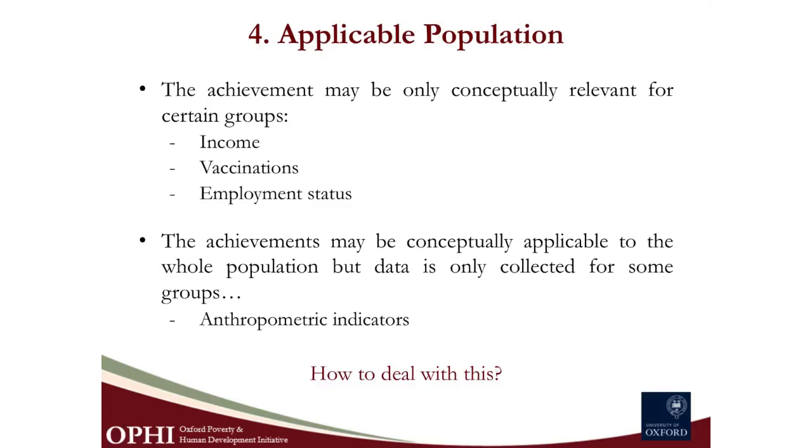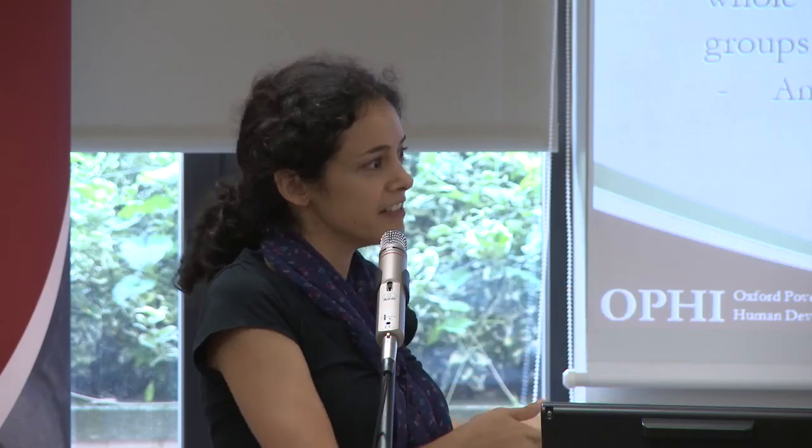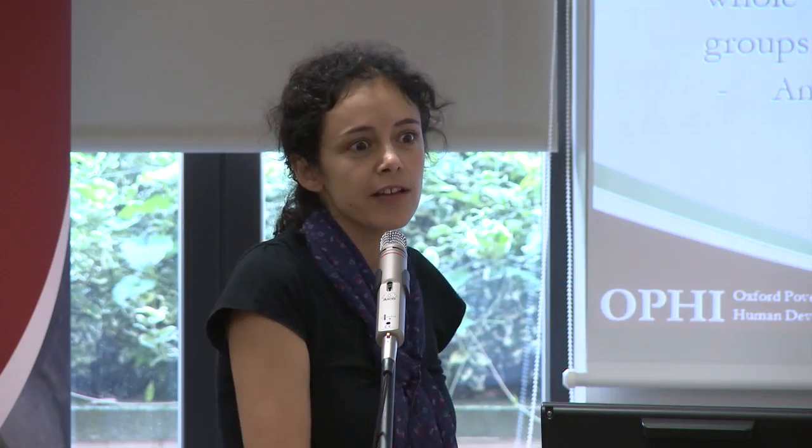Income: it doesn't make sense to talk about the income of a 5-year-old, or a 70-year-old. Maybe it makes sense to some people, but not to most of them. Vaccinations: most of our vaccinations are in our first younger years, early stages of life. So if you have an indicator of vaccination, your applicable population will tend to be children between 0 and 5.